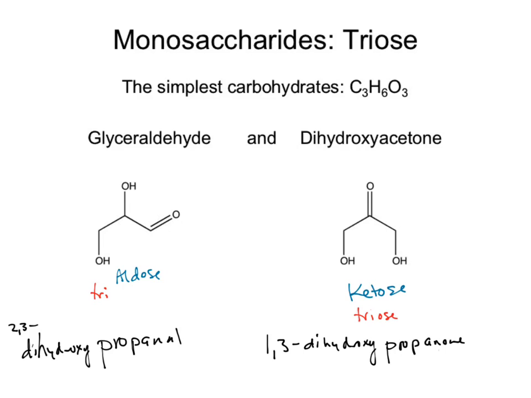Does anybody see anything interesting about either of those two molecules? If we ignore the names. What do you mean cis and trans? Just kind of how the directions of the hydroxyls, like one. So I put the OH up here. What's different about that structure versus where it was before?